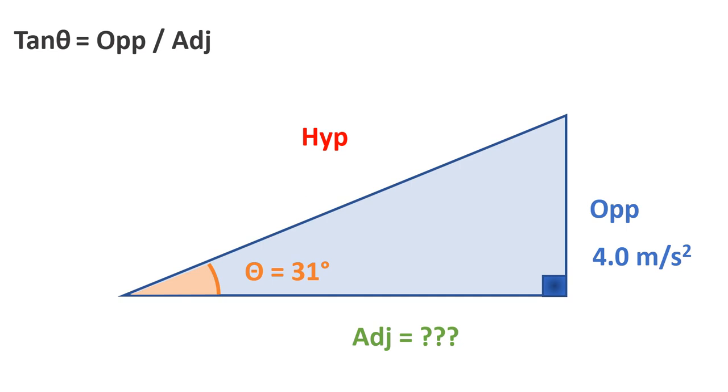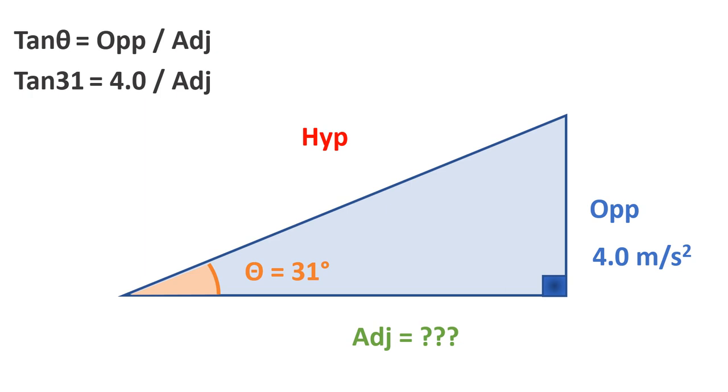Theta is 31. Opposite is 4. And adjacent, we don't know. So we've plugged those values in here. Now again, what we need to do is rearrange the equation to make adjacent the focus of the equation.